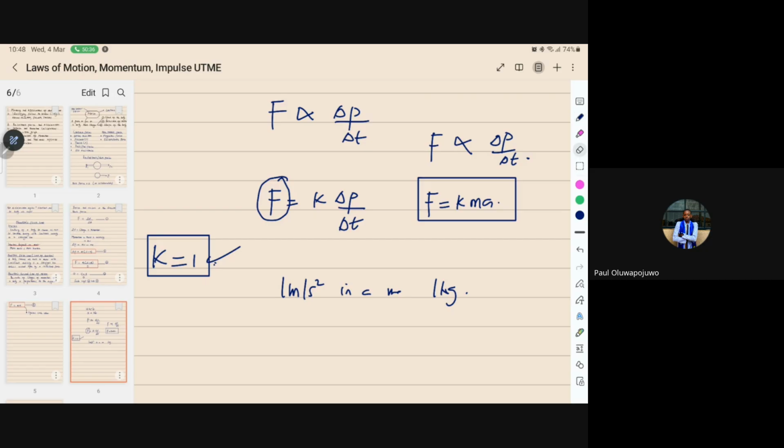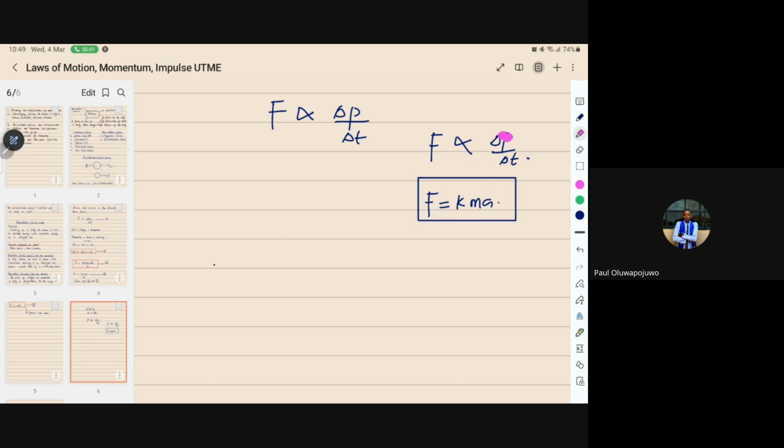Good. Now, Paul, look at what I want you to do. Focus on this reduction of the equation, that it moves from here to here. That's step 1. Now, the next thing is that we want to get the value of K. So K will be equal to F all over MA. That's the value of your K. Now, we are going to assume that the mass of the body is 1 and the acceleration is 1.